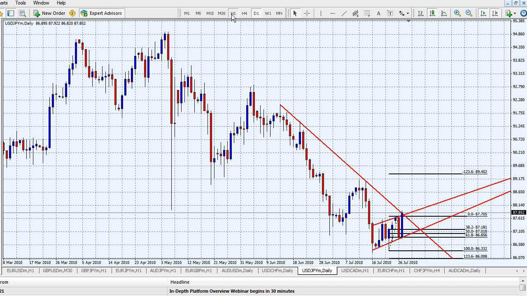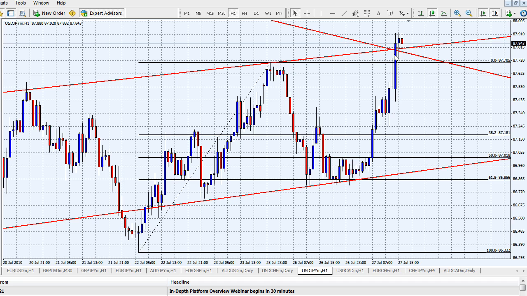Well, now if we go back and look to the 1 hour chart, you'll notice that we've actually had a 1 hour open above that daily trend wall, and we've also now had an open above this channel trend wall. Those two things combined are signs that will continue to be a bullish move with the USDJPY, in my opinion. It looks like currently we may even be getting a retest of one of these two trend walls before it bounces again.